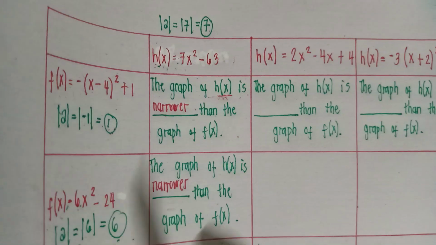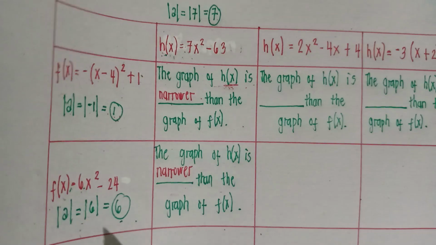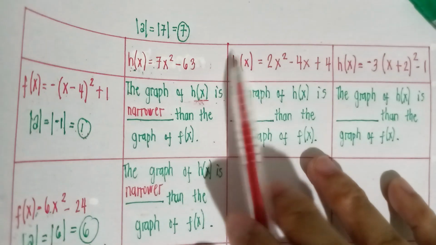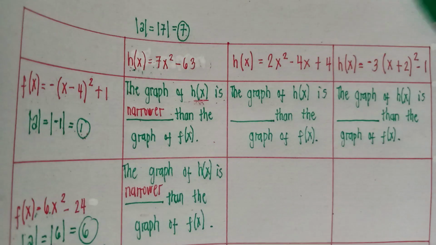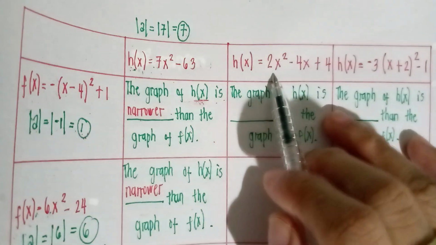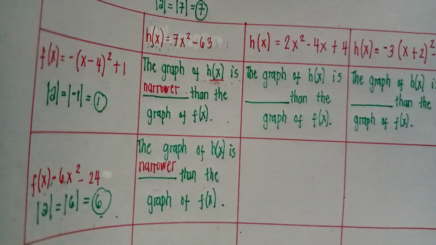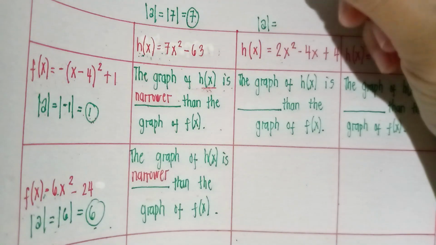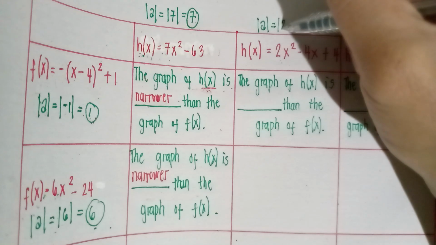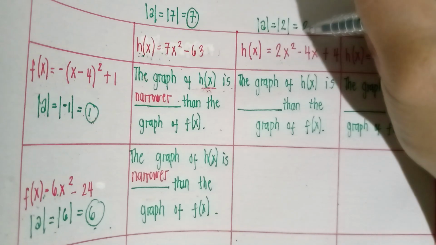Next, here at the top we have another h of x, where the value of a is positive 2. The absolute value of a equals the absolute value of 2, which is still positive 2.